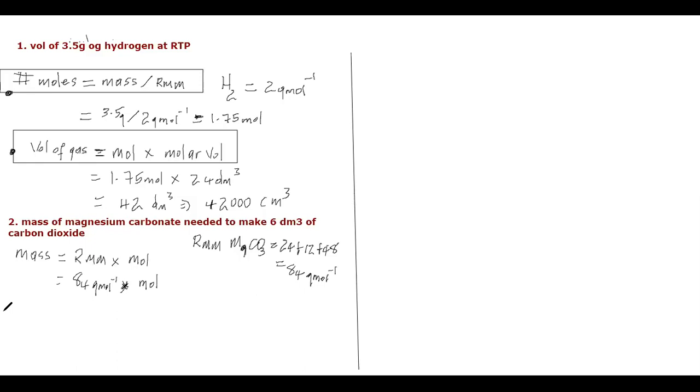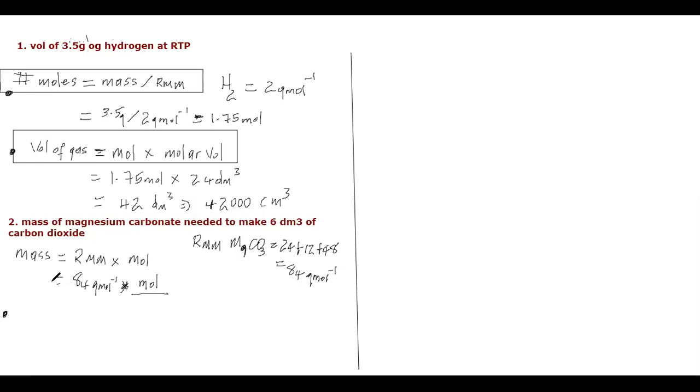So we have to find another way to get the mole because we don't know what it is, right? But they did say 6 dm cubed of carbon dioxide. So I guess they're expecting us to use the equation to see what amount of moles we would get from the equation.